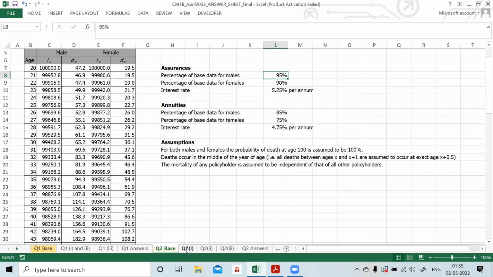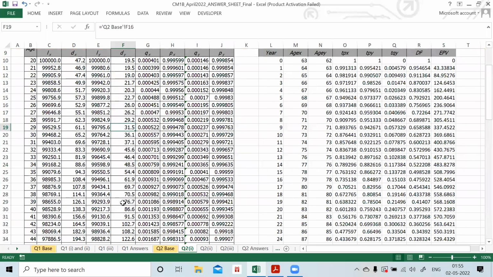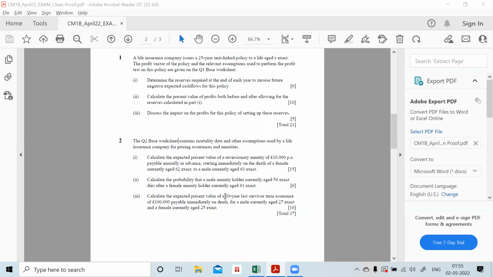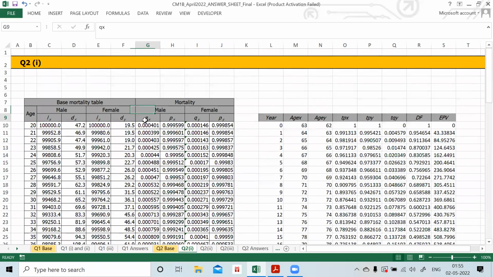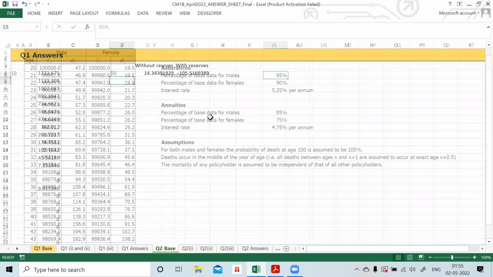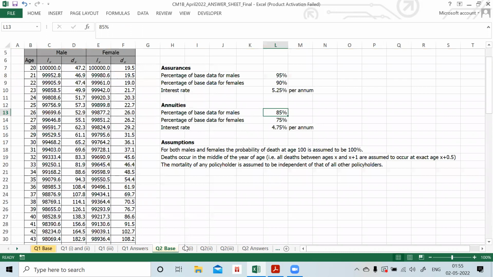Okay, so for question 2 part 1, we have annuity. For annuity, we need to calculate qx, px, qy, py. First we take the percentage data for annuities, which is given over here, which is 85% for males.